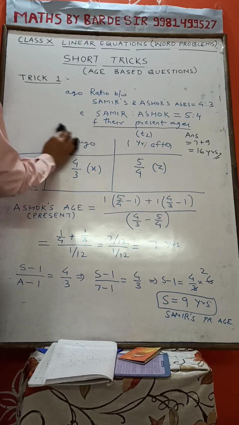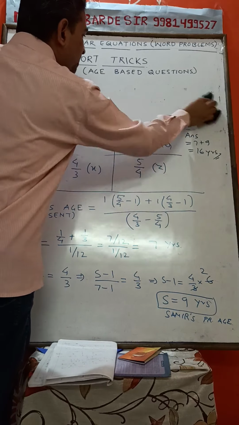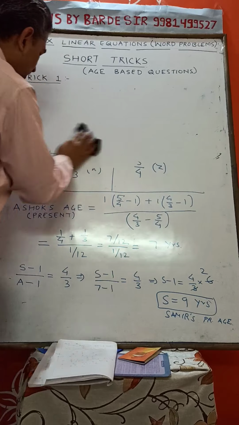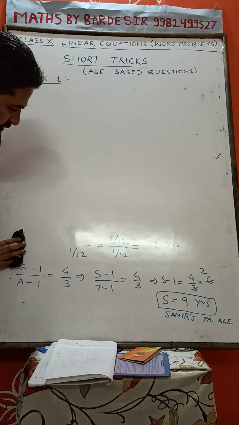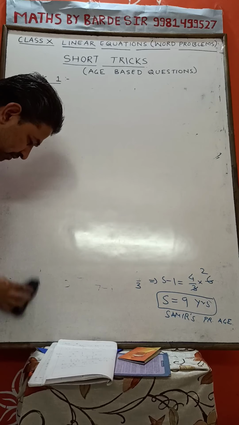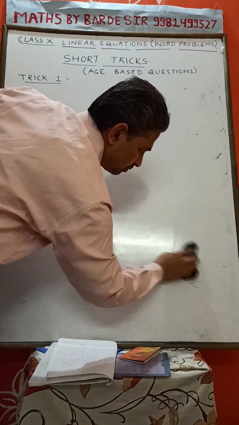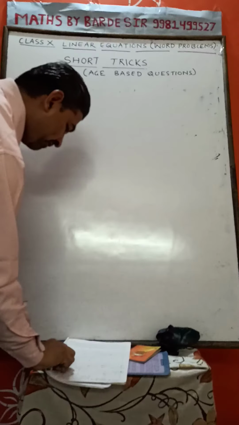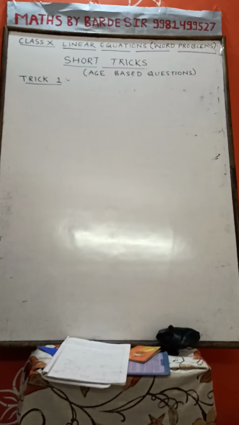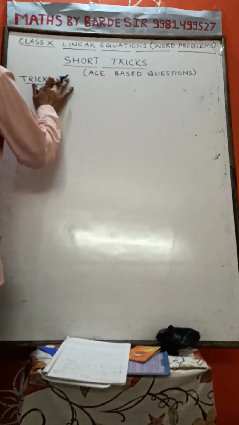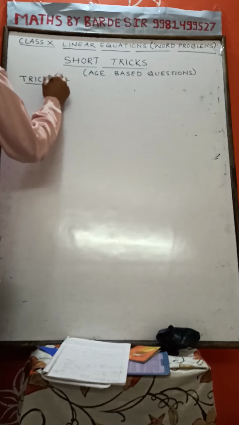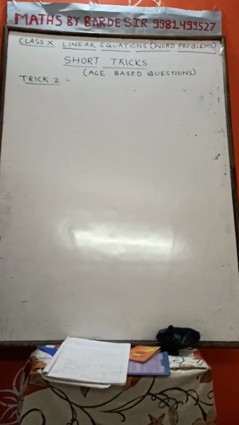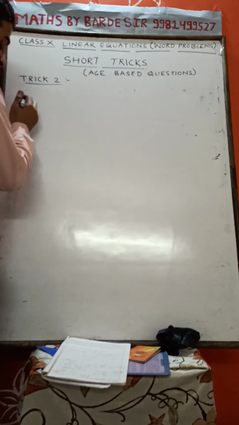Okay. One more type of question we'll be discussing in this particular topic, that is when we have the sum of ages of mother and daughter. Trick number 2, the second variety of question.